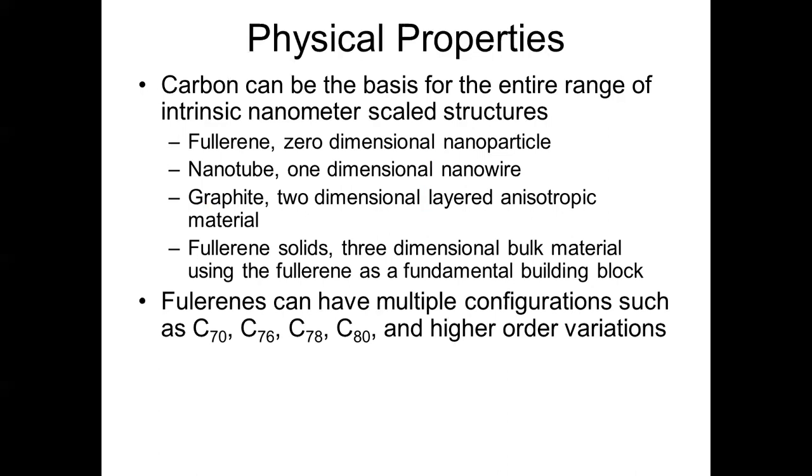And then fullerene solids, there's all kinds of different types of fullerene configurations, such as the C70, C76, C78, and C80, and also higher order variations, and materials that have a multitude of configurations within them. So we're going to take a look at these in detail throughout the presentation.